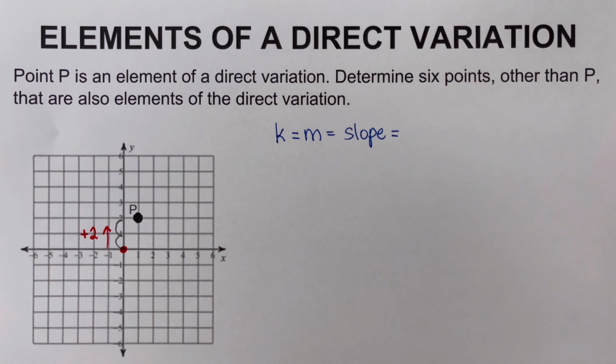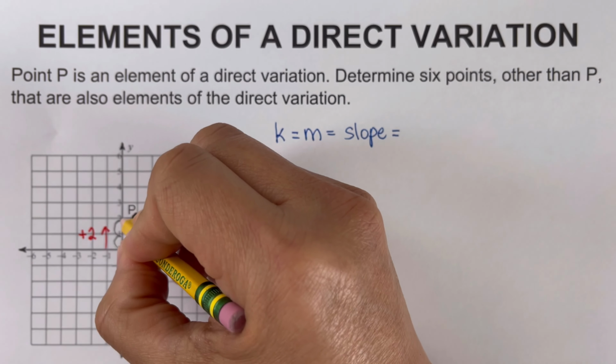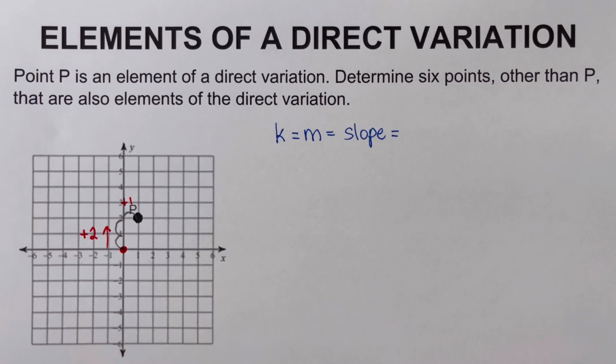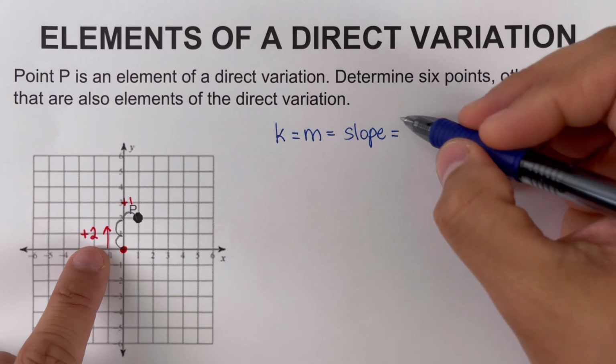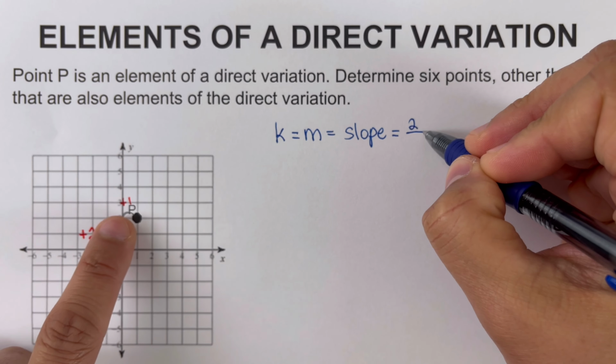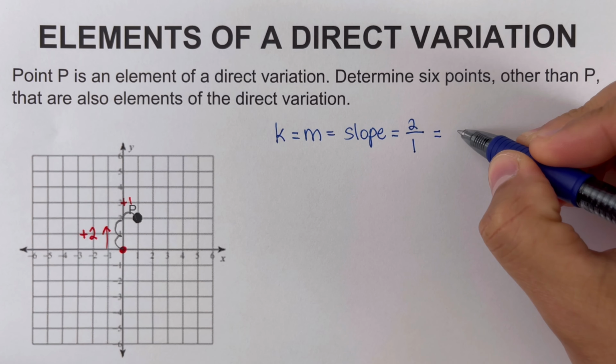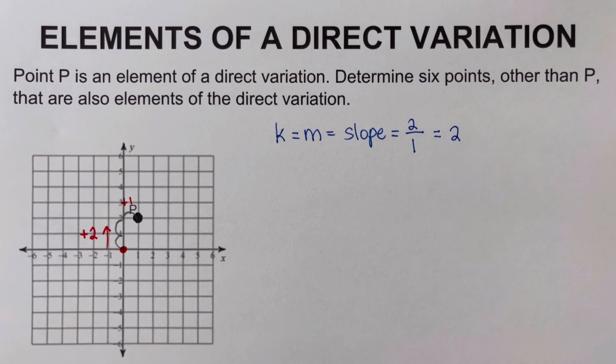And then we go to the right 1 to get to P. So that's a plus 1. So our slope is up 2 over 1, which is equal to 2.